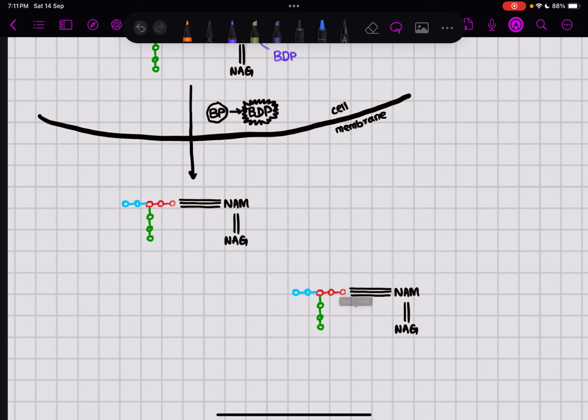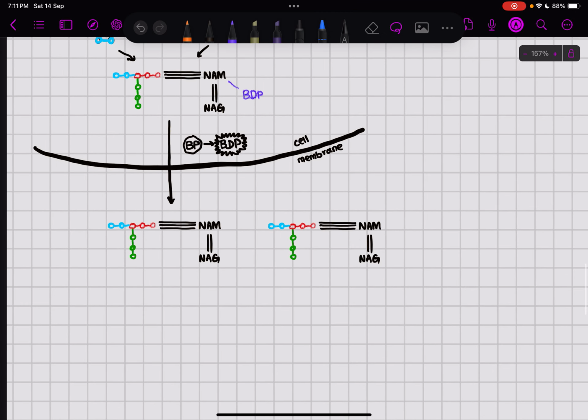And I want to paste another one too. Now moving it up here, we have got other previous units transferred. Now on transporting this thing, this bactoprenol diphosphate will lose its energy and become bactoprenol phosphate.